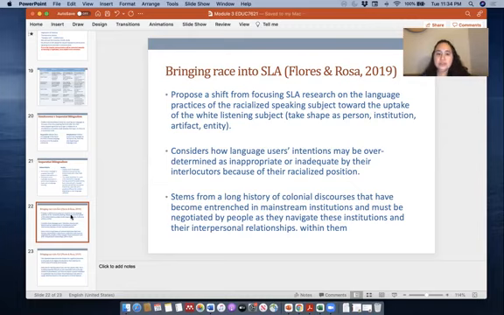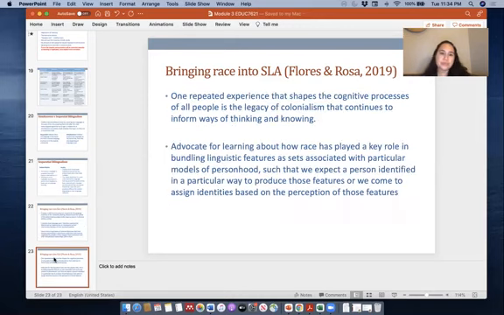This issue stems from the long history of colonization and colonialism that has been entrenched, and continues to be, in schools, institutions, and across society. They claim that we have to reconcile and negotiate how these histories intersect with how the language use of racially minoritized groups is perceived in society.